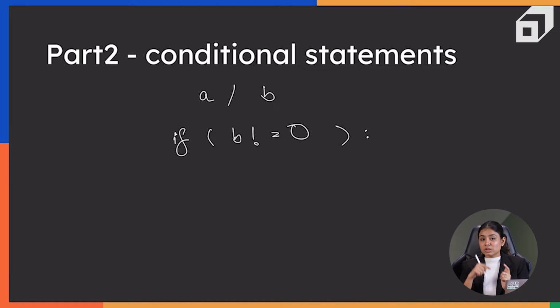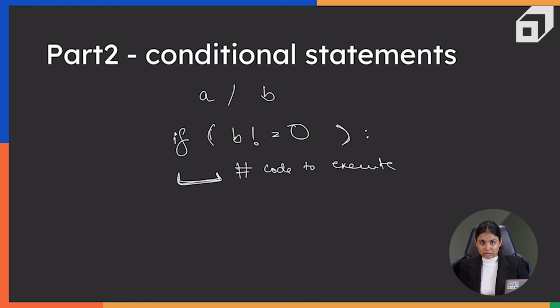Okay, so we're using the not equal to operator here, and these brackets are optional here. You can do without these as well. But whatever code you want to execute here, if this condition is true, should come at an indentation level. Indentation is very important in Python.